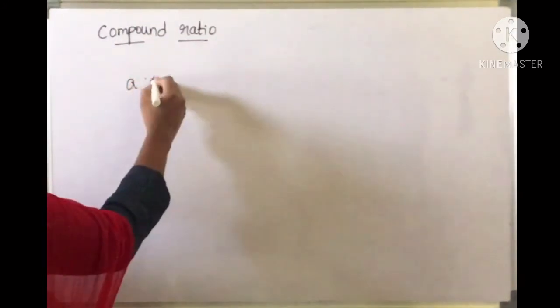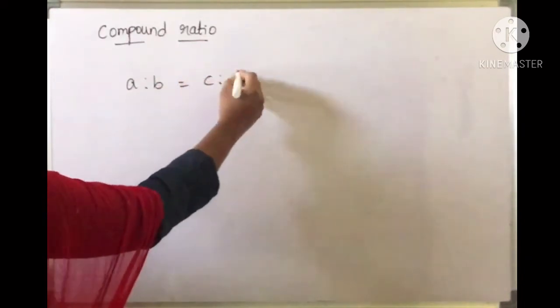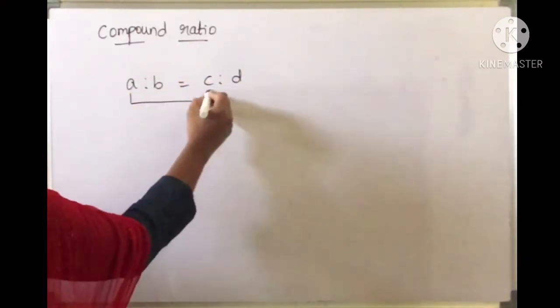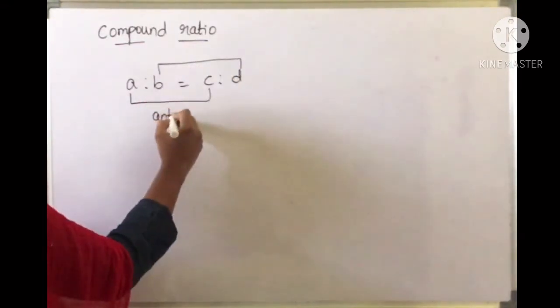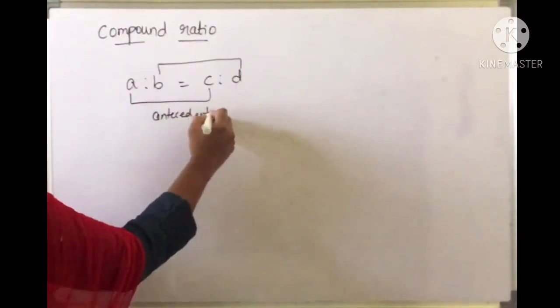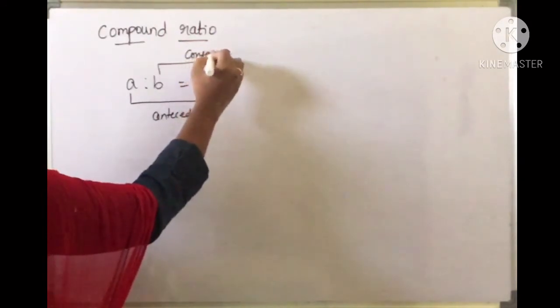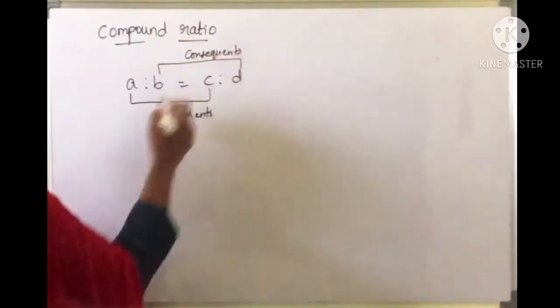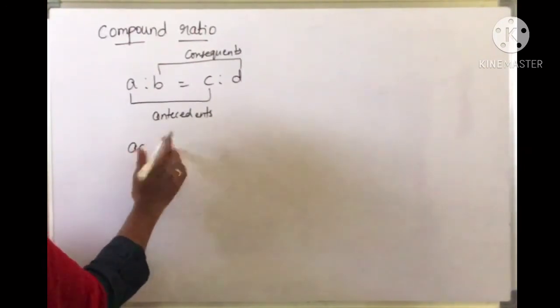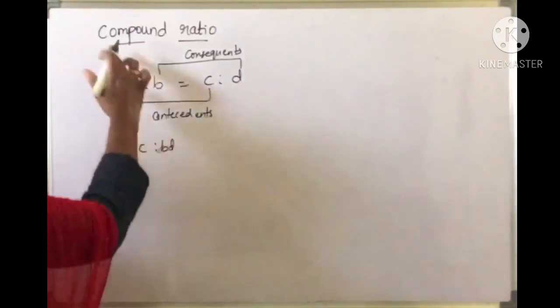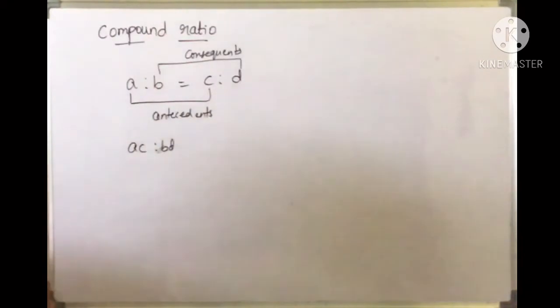Here these are the antecedents and these are the consequents. So AC is to BD is the compound ratio of A is to B and C is to D.